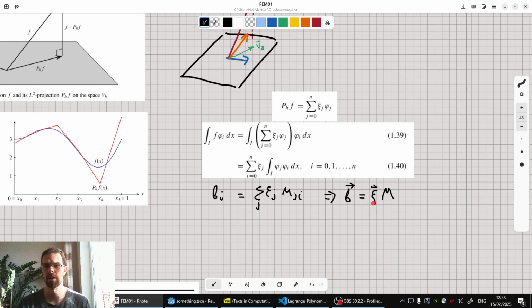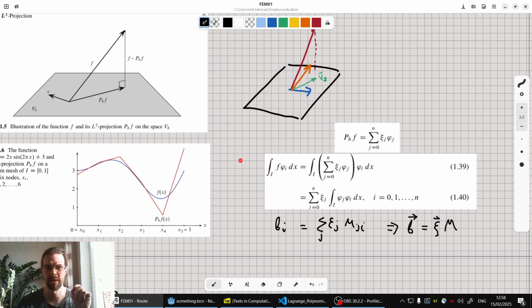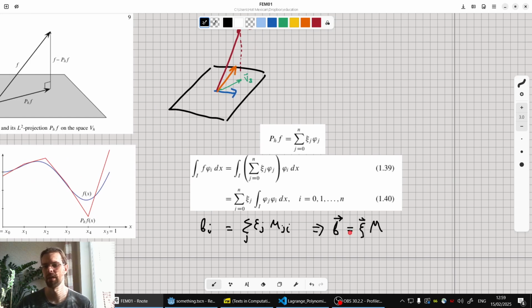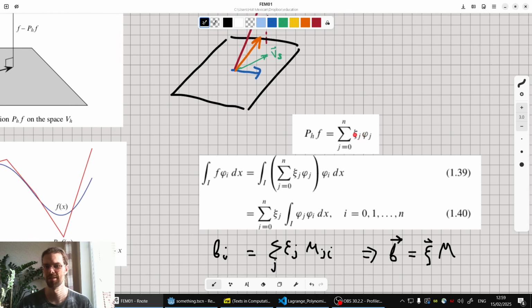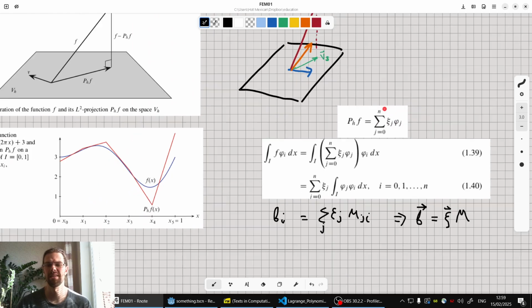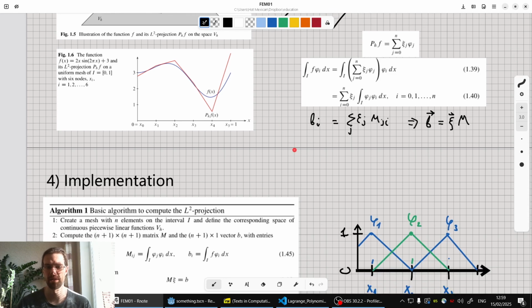These xi are unknowns, and that means you can solve for xi that minimize this L2, and it's trying to recreate this blue function. And then you take this xi, input it into your ansatz basically, and it should give something that is similar.